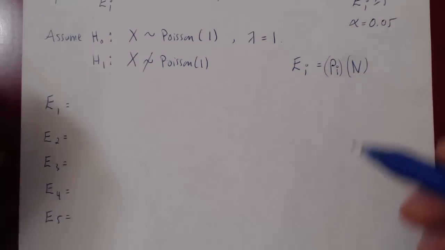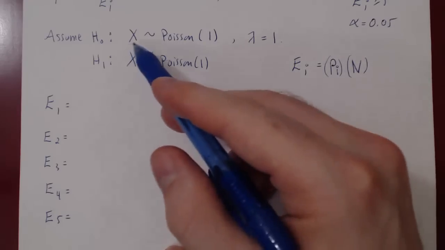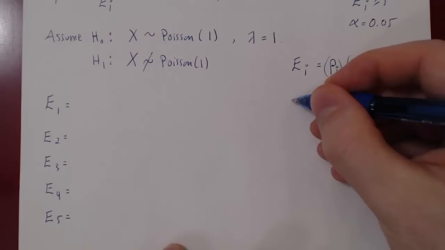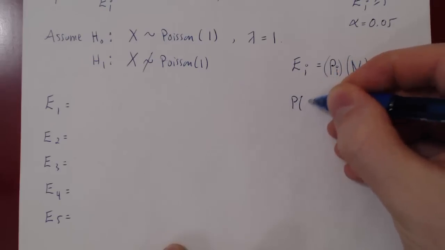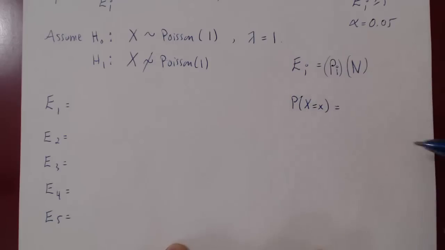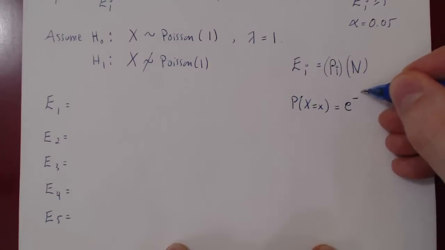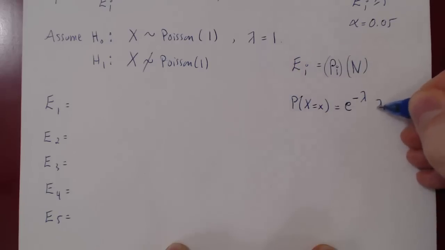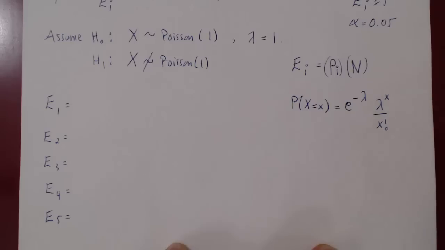Well, what is the probability? Let's remember the distribution for a Poisson random variable. If you ask what's the probability that x equals a given value, it is e to the minus lambda, where lambda is the mean, times lambda to the x over x factorial.